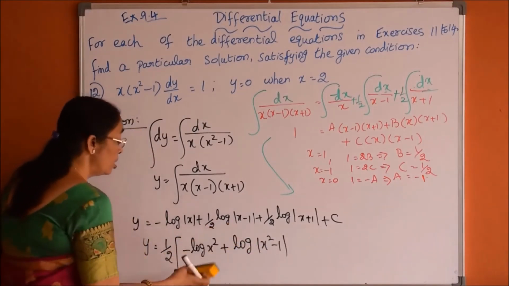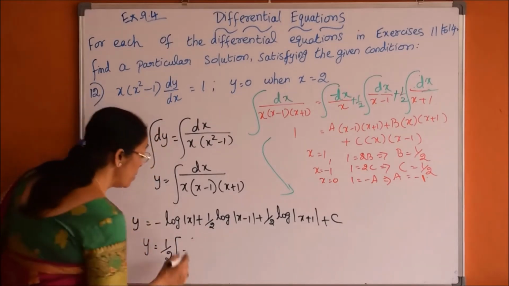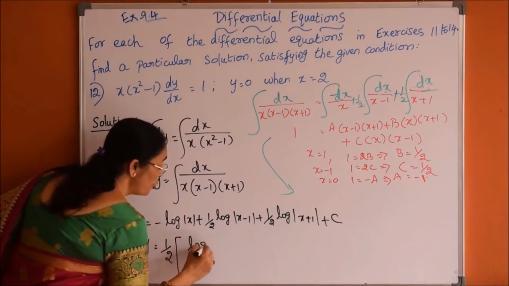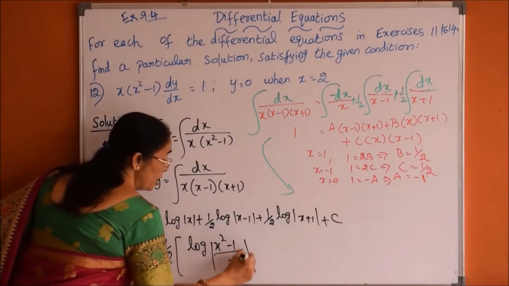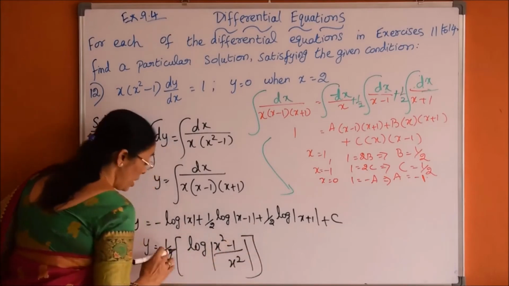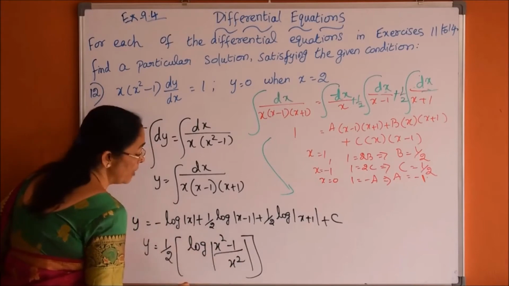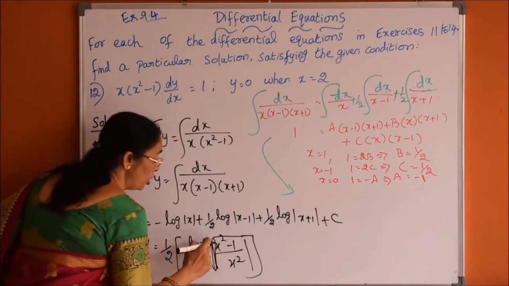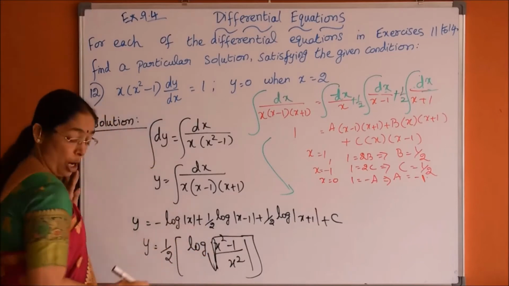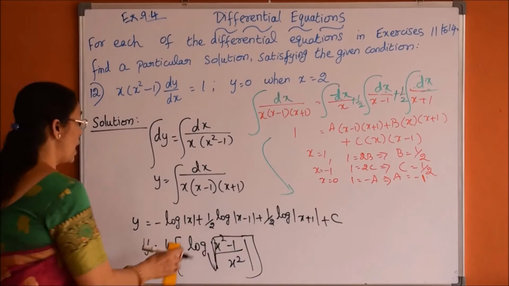So overall this will be log of (x² − 1)/x², and we can bring this half to the power, so the square root of (x² − 1)/x² inside the log, or we can keep the half as it is.